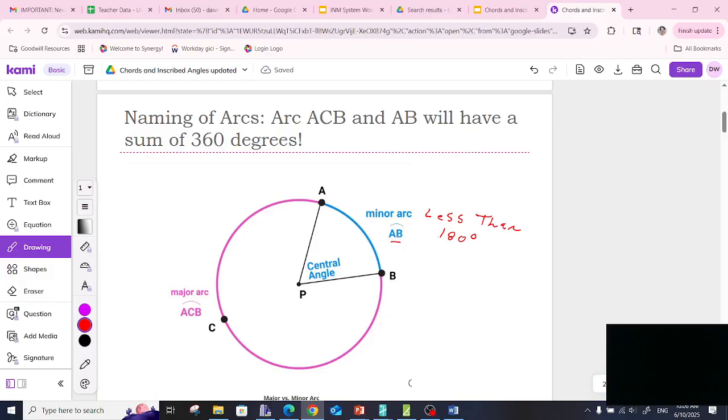And notice how many letters do I use for a minor arc? 2 letters, okay? So when you're describing a minor arc, you use 2 letters. The major arc is greater than 180.